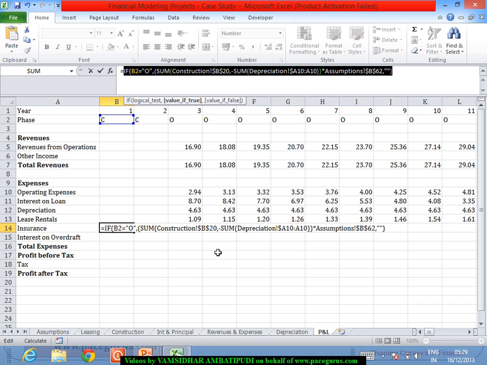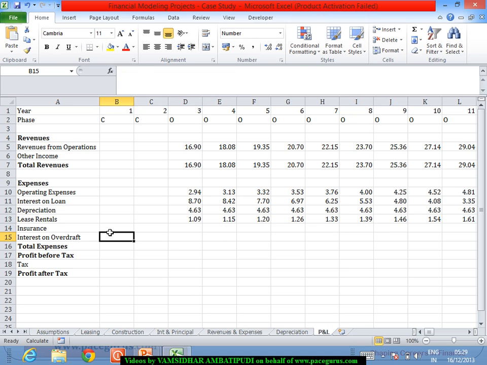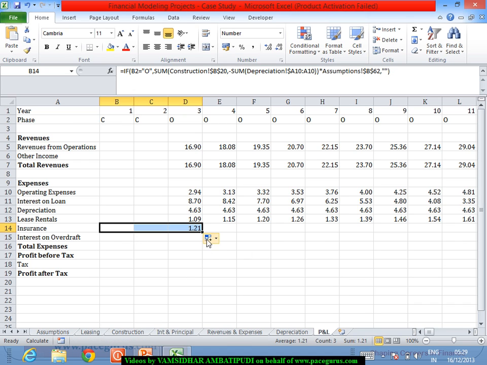So let me see, there is something wrong. The summation of the construction as well as this. Okay, here probably I may not require this particular bracket. So let me try dragging it. So the first year of operations, yes, this is the insurance that is applicable.